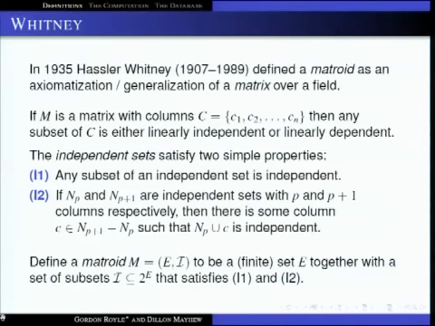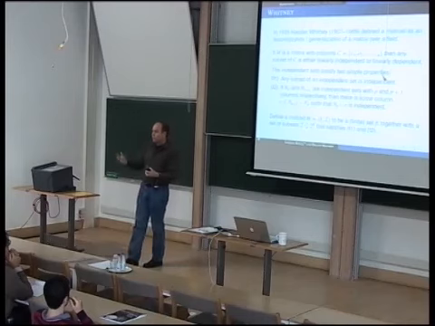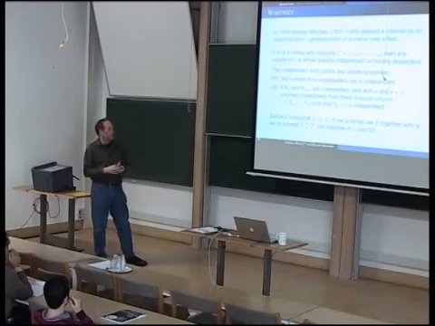And he was considering the columns of a matrix as vectors over a field, elements of a vector space, if you like. And he was trying to think, what are the axioms for a set of columns to be independent? So you want to come up with some axioms that capture independence without using the field and the actual linear combination equal to 0 type of thing.